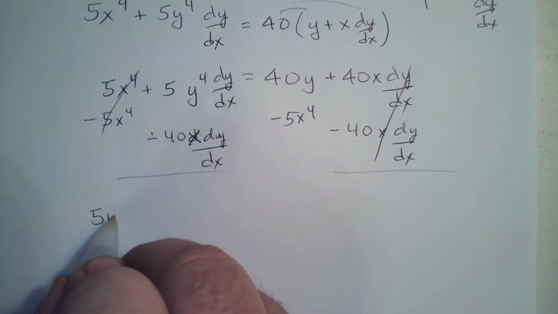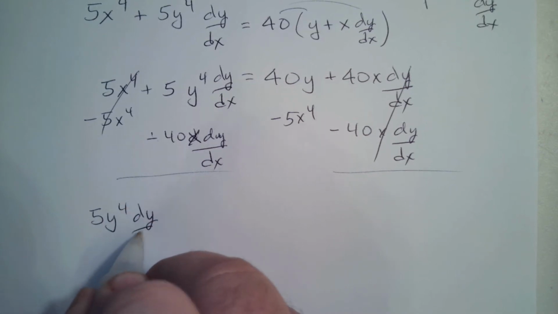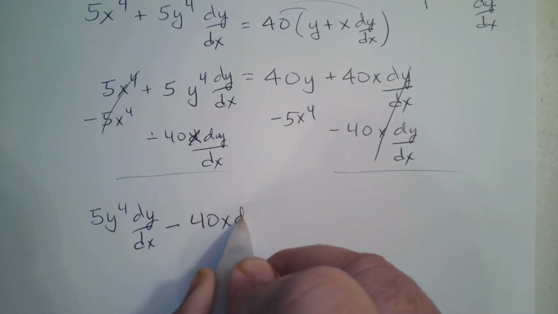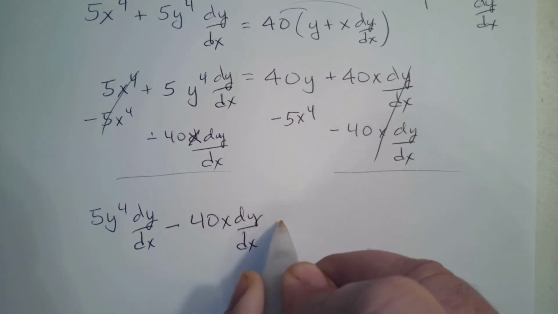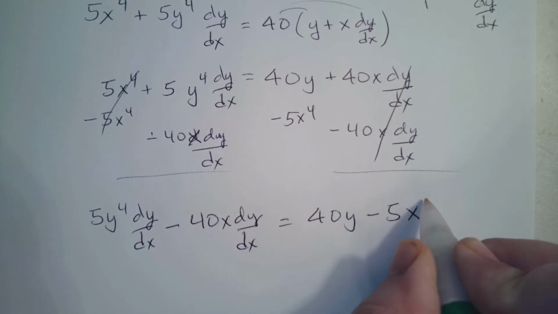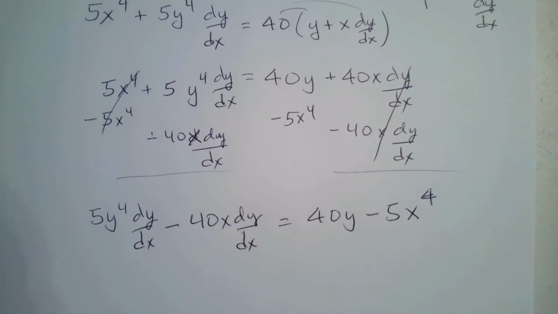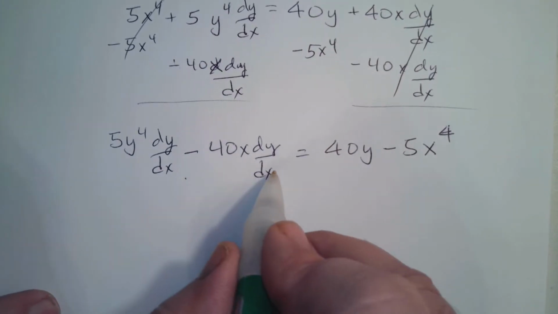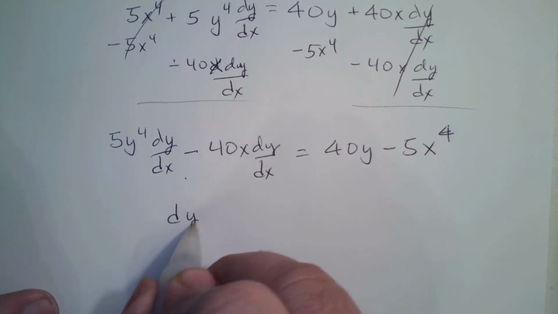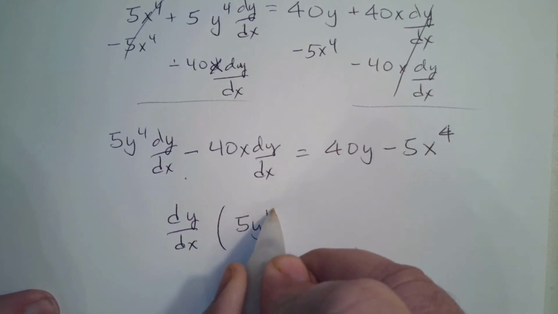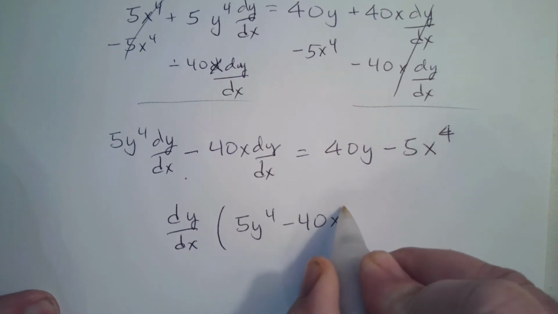So I have 5y to the 4th dy dx minus 40x dy dx equals 40y minus 5x to the 4th. Factor out the dy dx. I got 5y to the 4th, 40x.